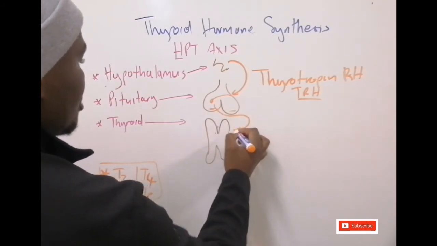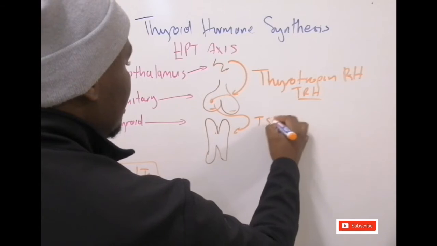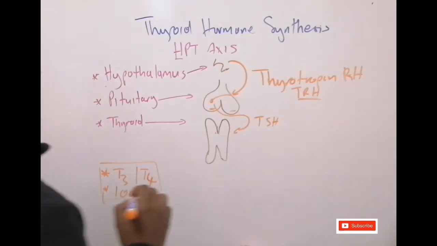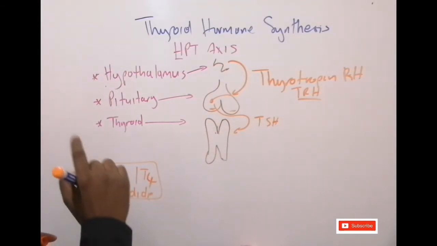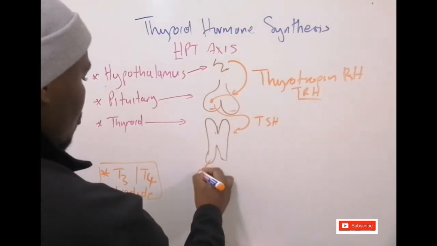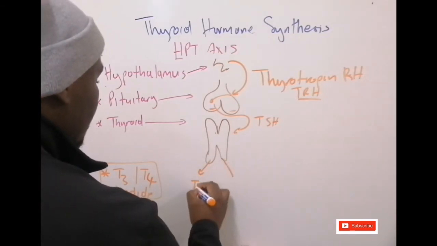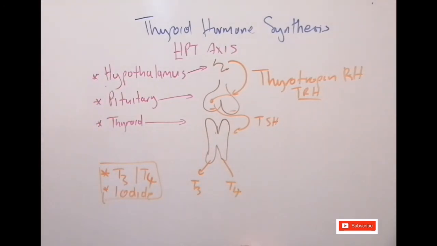Upon their stimulation, those thyrotrophs will release a hormone called TSH, which is thyroid stimulating hormone. TSH is going to go to the thyroid gland and stimulate the production and the secretion of these two hormones, T3 and T4.